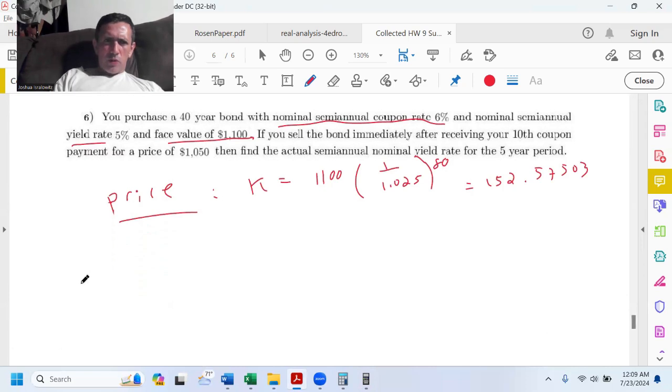Okay, so K plus, divided by 2 here, 0.06 over 2 is 0.03.